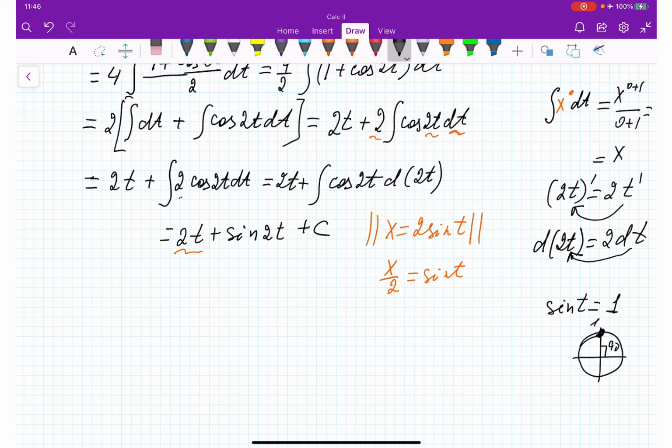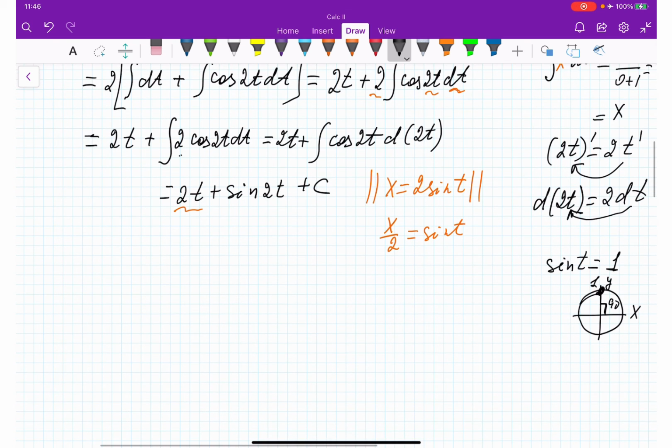Sine represents y, cosine represents x. So when we say sine t is equal to 1, then our t is 90 degrees. So the process of finding an angle from a given value of sine we call arc, meaning arc sine, backwards. So from here we can write down arc sine 1 is equal to 90 degrees. See that? So we are coming backwards.